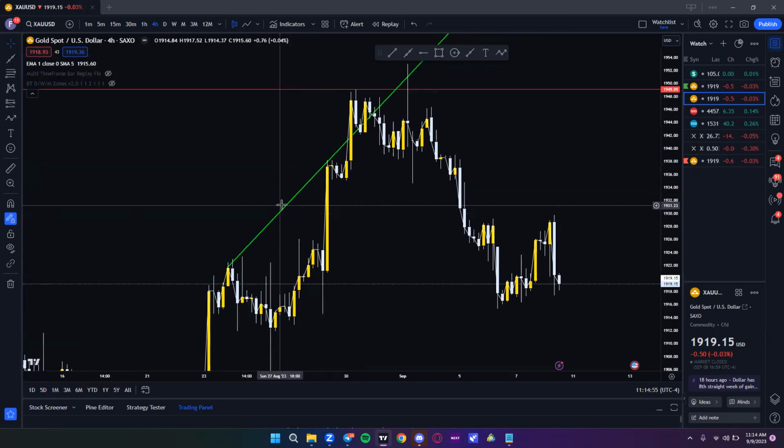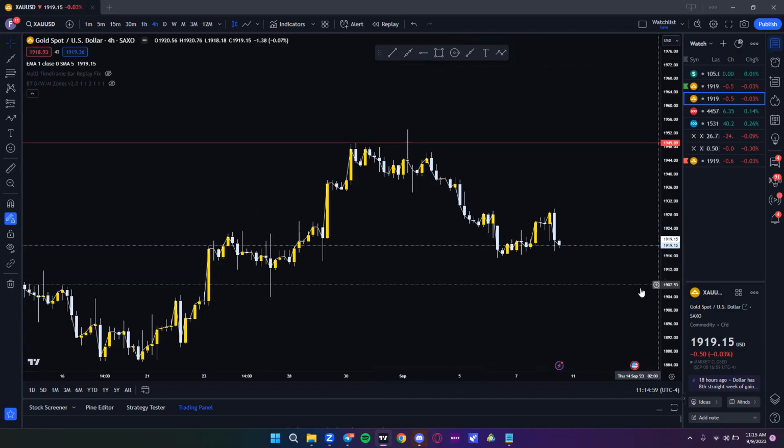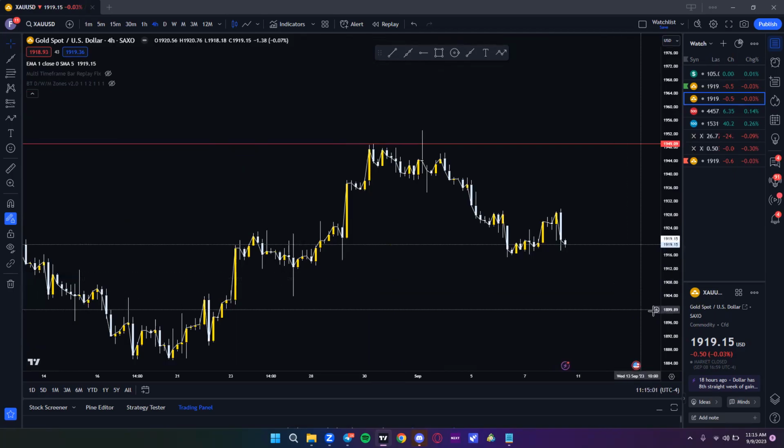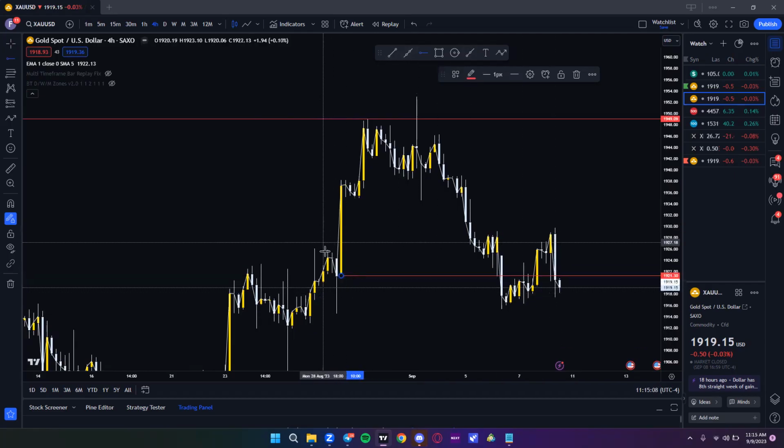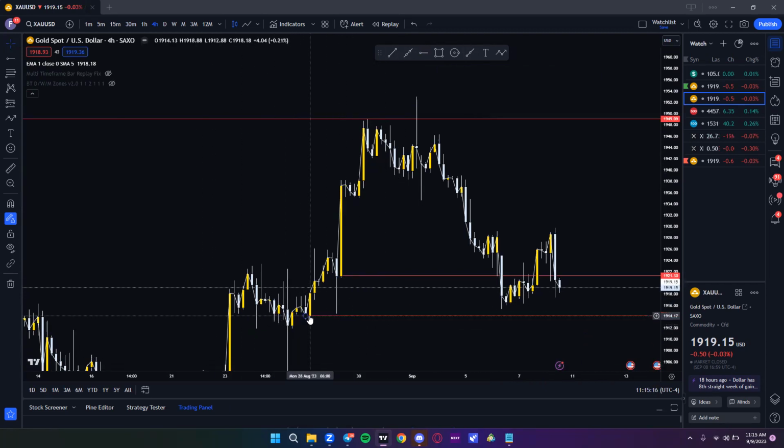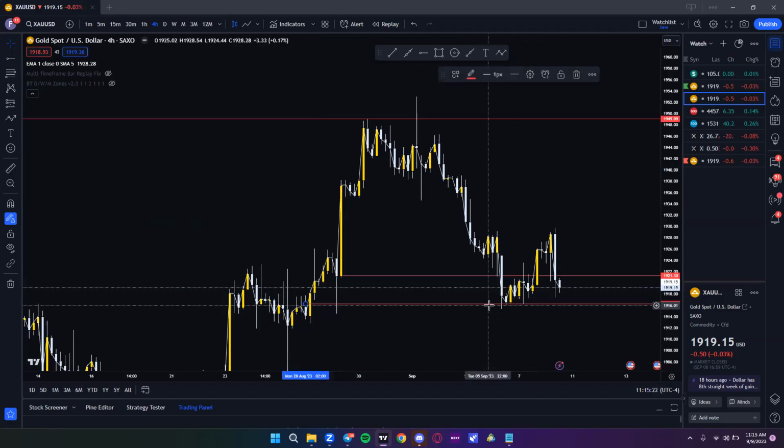So that's pretty much the reason why I don't use regular SNR anymore. What I mean by regular SNR is like this is a fresh support level, and this is another fresh support level. But you see how instead of price actually reacting to this fresh support level, it actually just reacted to this level here.